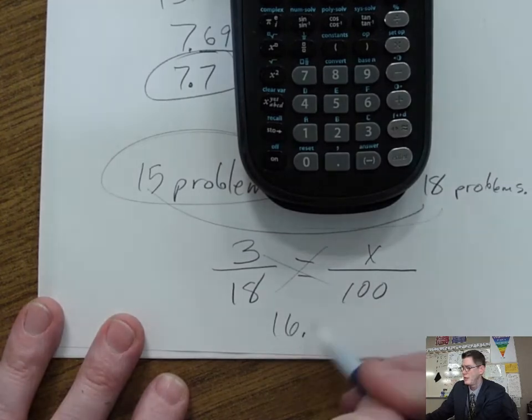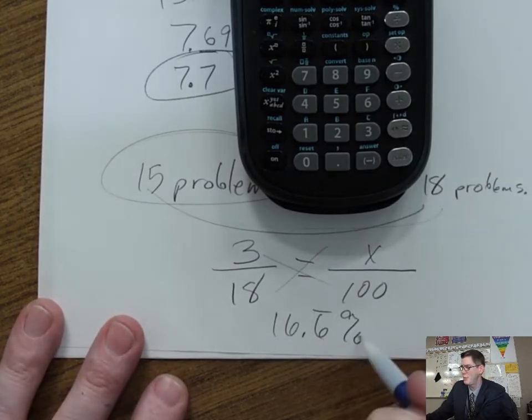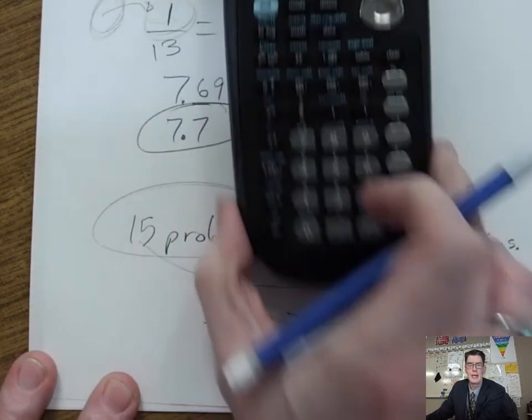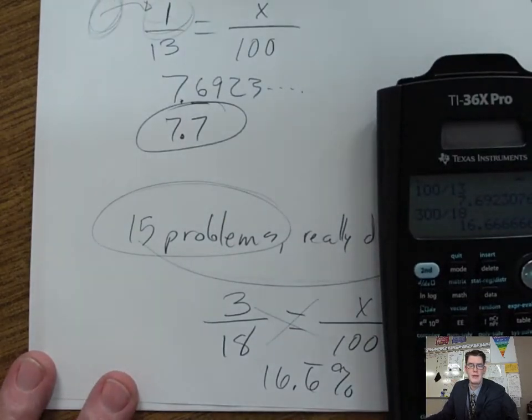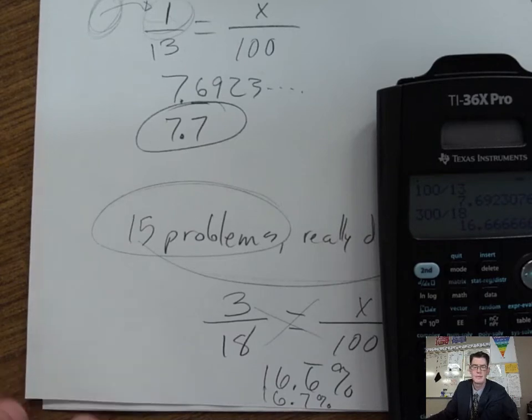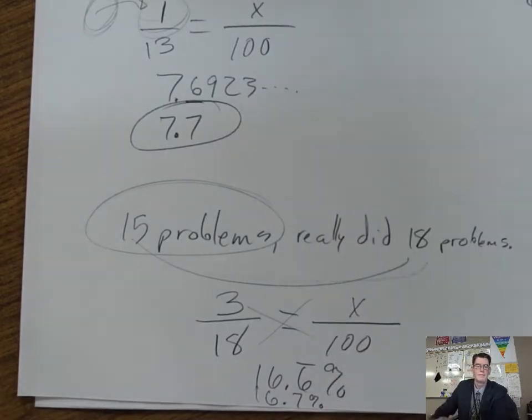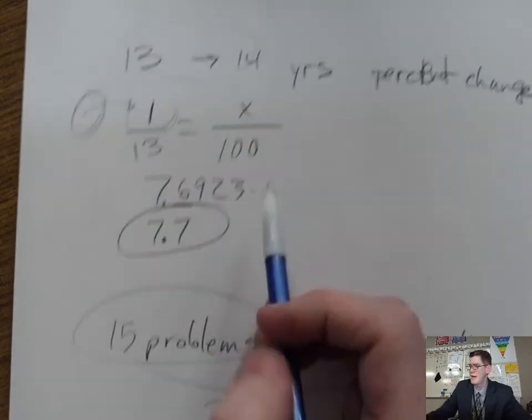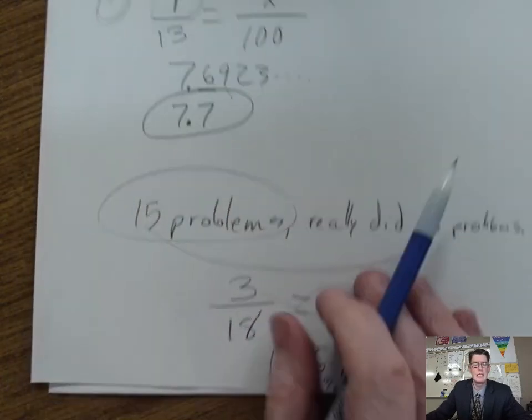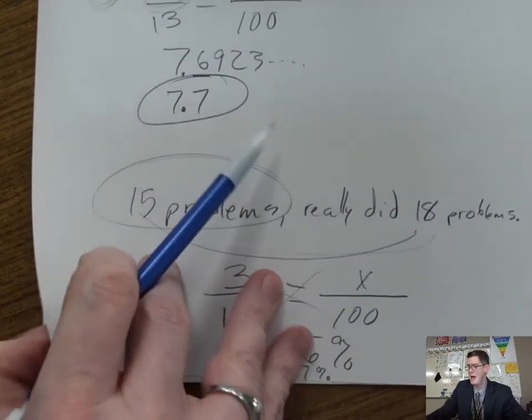So you're off by 16.6 bar percent. And if they wanted you to round that off to the nearest, say, tenth, 16.7%. So there's an example of the percent increase. This is a percent error.